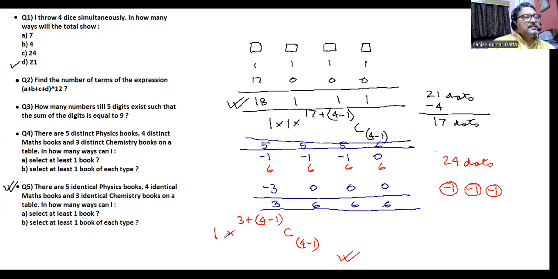So your answer is 1 into 3 plus 4 minus 1 C 4 minus 1, that is 1 into 6C3. And I hope you all know what the value of 6C3 is. This is a top level problem. Hope this is clear. Let's go on to the next one.